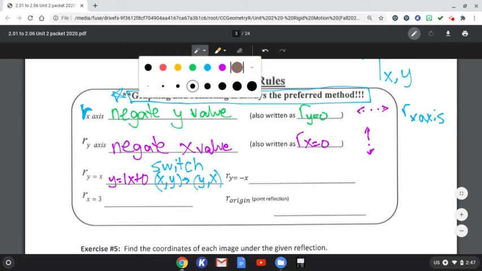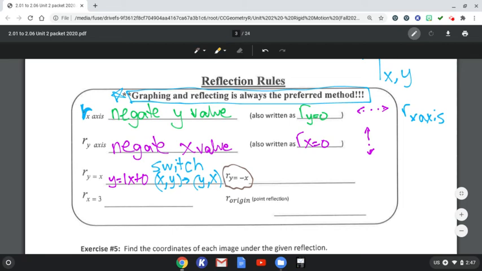If you reflect over the line y equals negative x, that's like the equation y equals negative 1x plus 0. It's a diagonal line. It's kind of hard to graph over. But the rule here is to switch and negate your x and y values. So if you have an ordered pair x comma y, it becomes negative y, negative x.